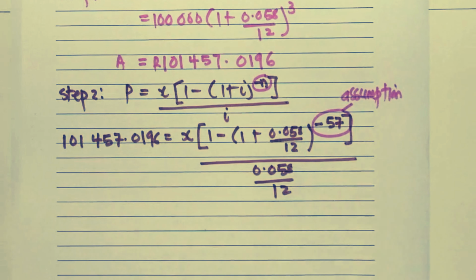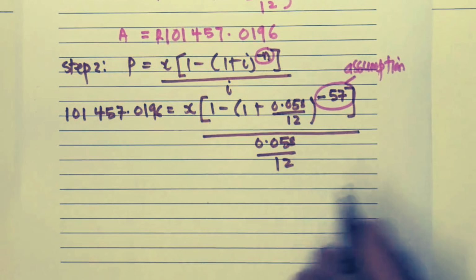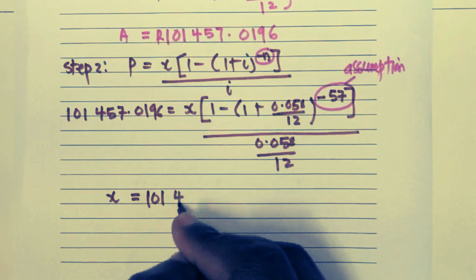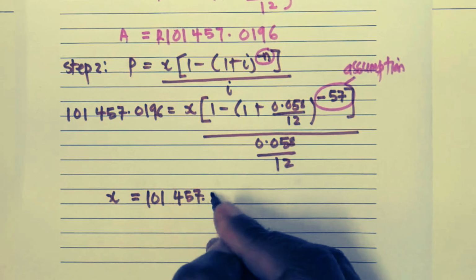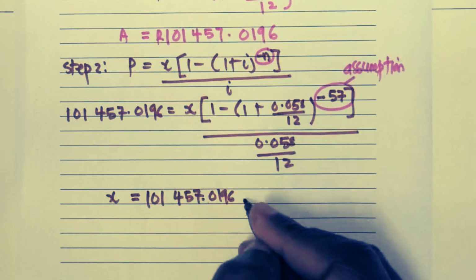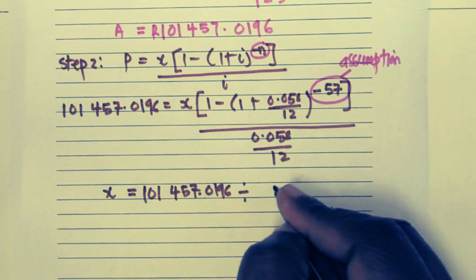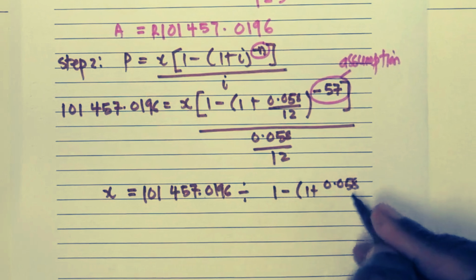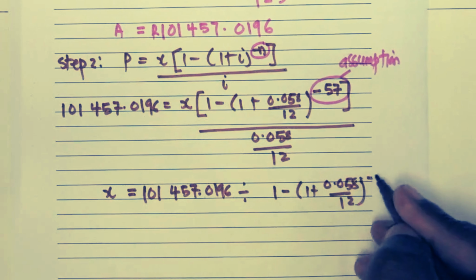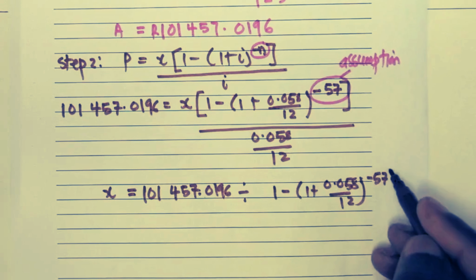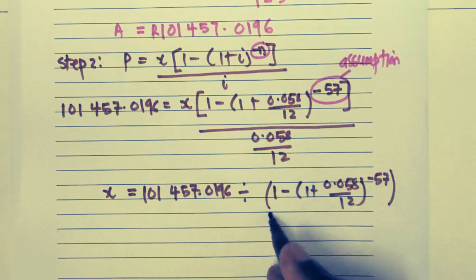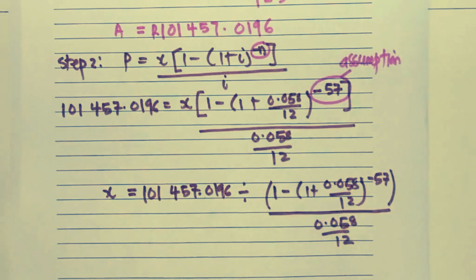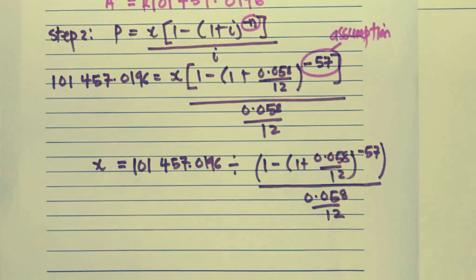Now I need to find my X value, so I have to isolate X. I'm going to write here X is equal to divided by I can put this in a bracket, and then the interest rate, I'm going to write it in the denominator there.